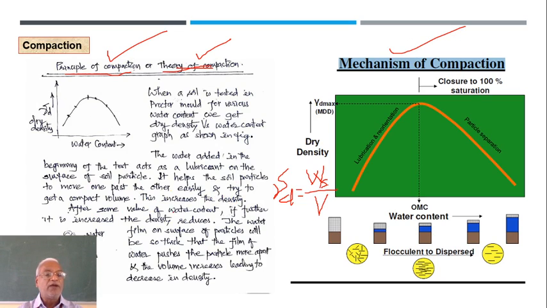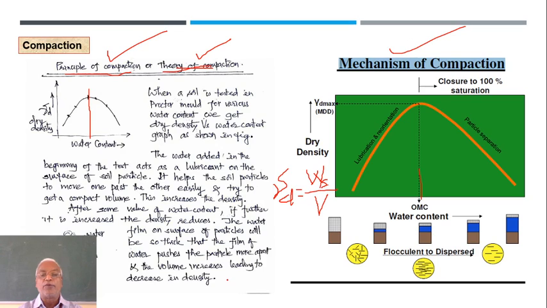Now after some value of water content, that is after this particular peak, I am talking about this peak, if the water content is increased further, the density reduces. The water film on the surface of the particle becomes so thick that the film of water pushes the particles more apart and the volume increases.